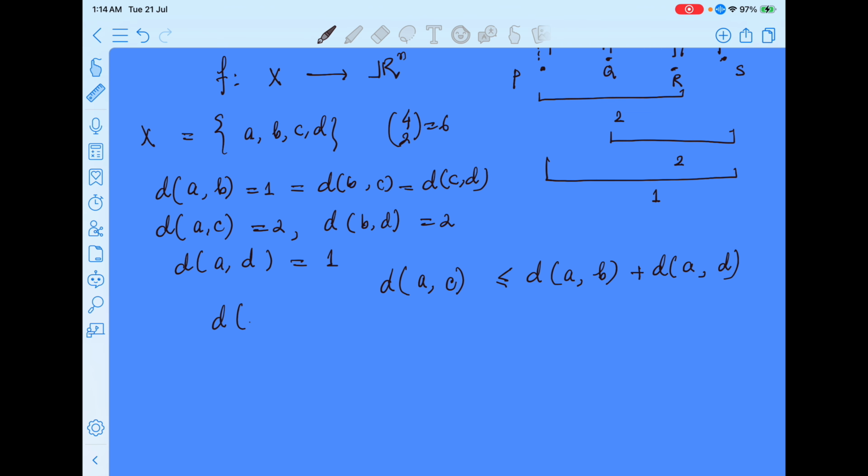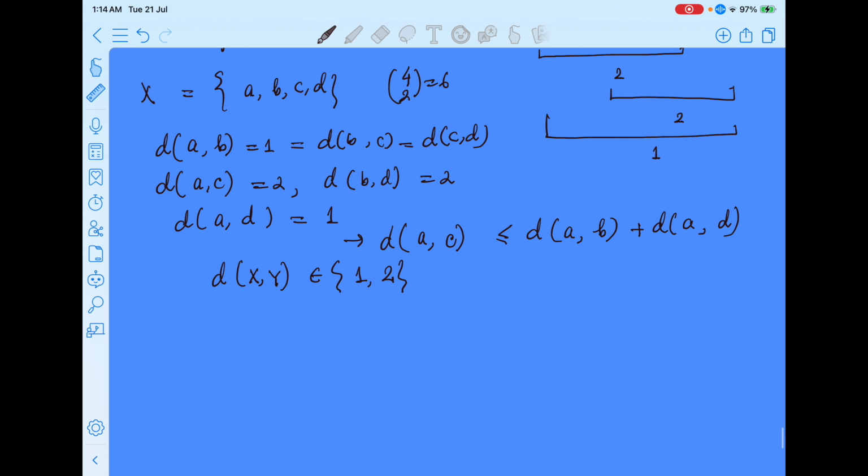If in a metric space d(X,Y) is inside the set {1, 2}, then this trivially satisfies the triangle inequality. Why? Because if this is true for all X, Y belonging to the metric space, why is it true that d(X,Y) is less than or equal to d(X,Z) plus d(Z,Y)?